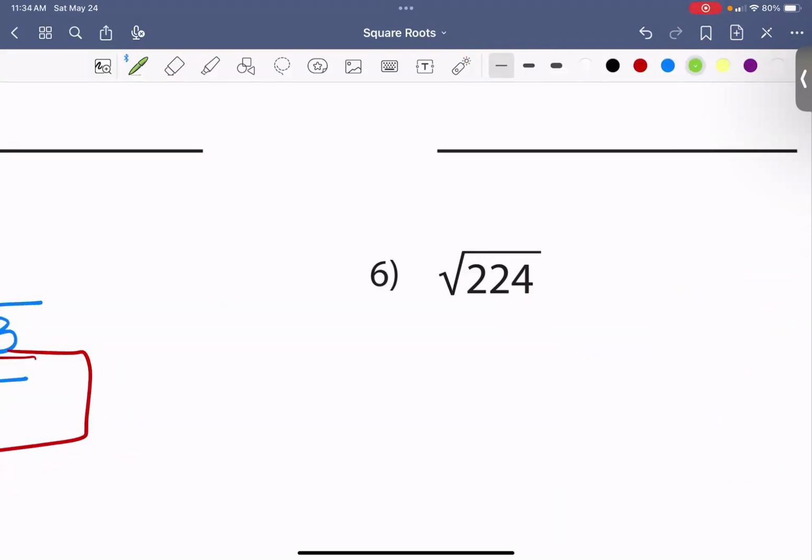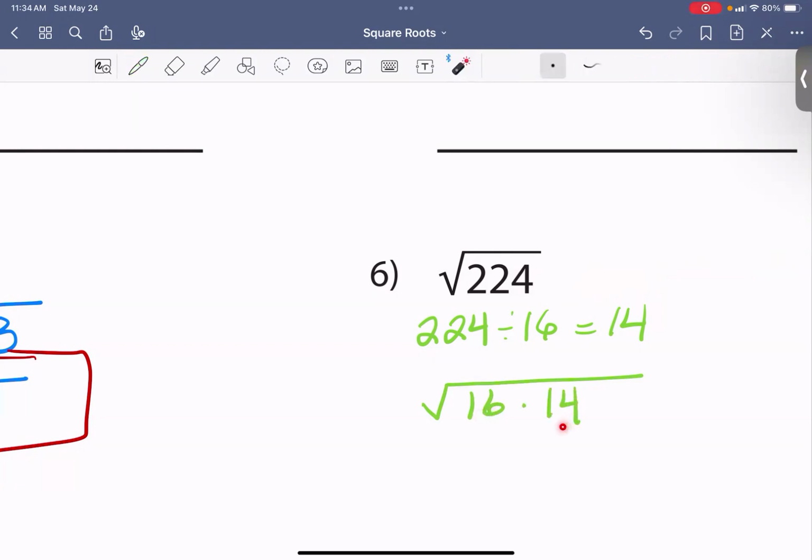Let's look at the square root of 224. When I divide 224 by 16, I get 14. 16 is a perfect square. So inside of the radical sign, I'm going to put 16 times 14. So the square root of 16 times 14 is equal to 224.